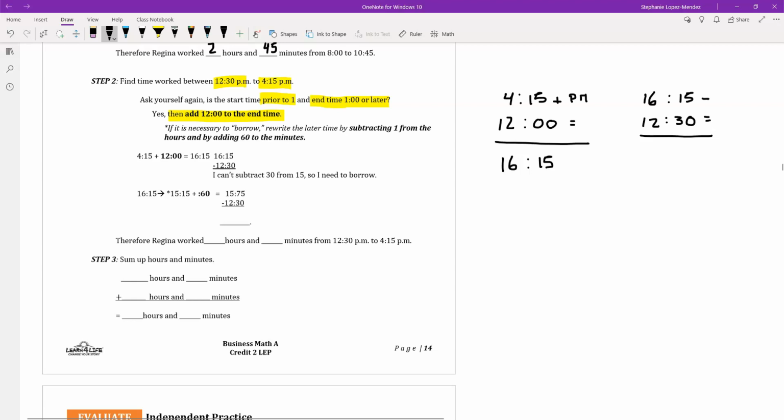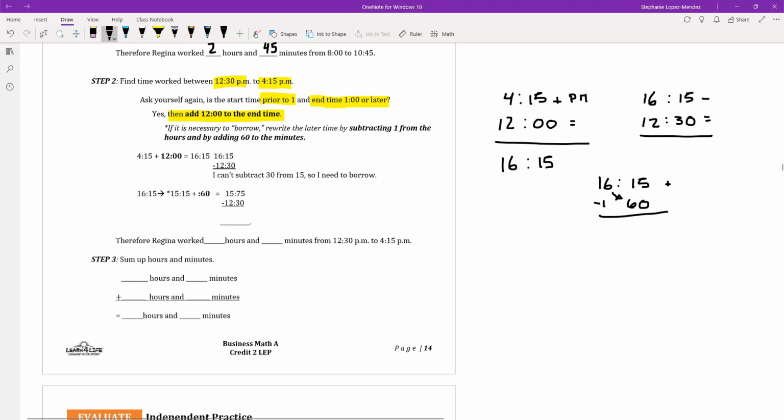So I rewrite 16 hours and 15 minutes. Right? I'm taking 1 hour out of 16 and I'm adding it here as minutes. Right? 1 hour from 16 converts to minutes, and so I need to subtract 1 hour from 16.